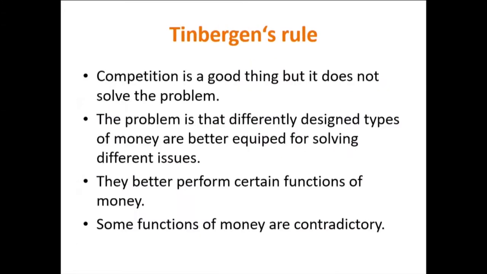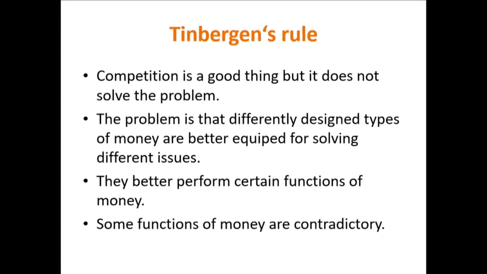Tinbergen's rule. Jan Tinbergen was the first economist ever to win the so-called Nobel Prize for economics. Before Paul Samuelson, he was the second, and he was a monetary economist.